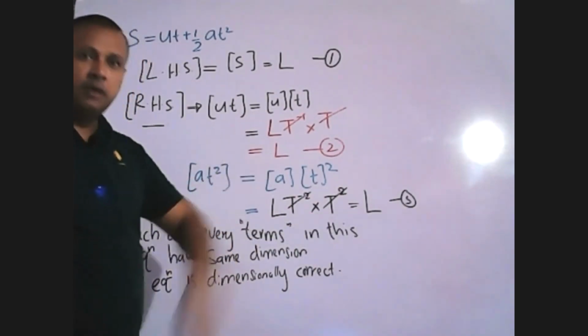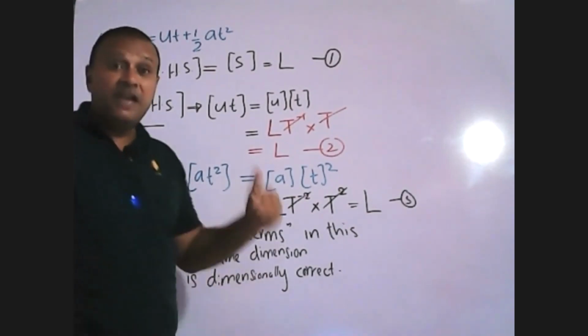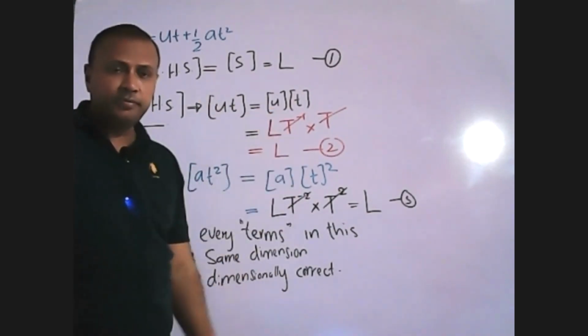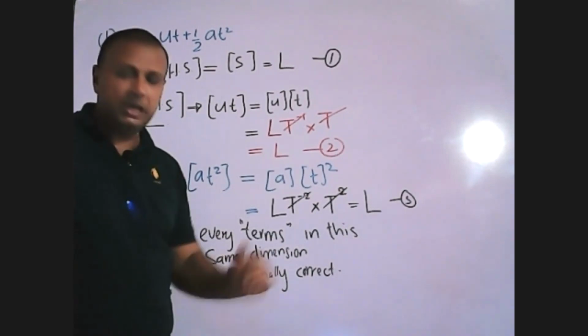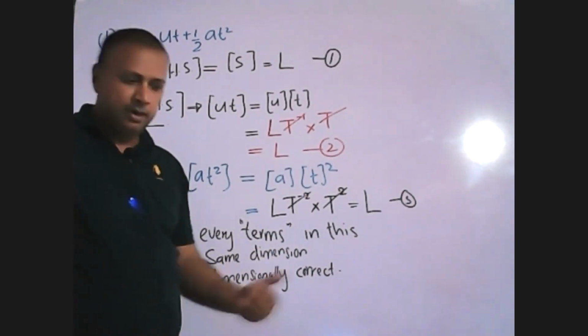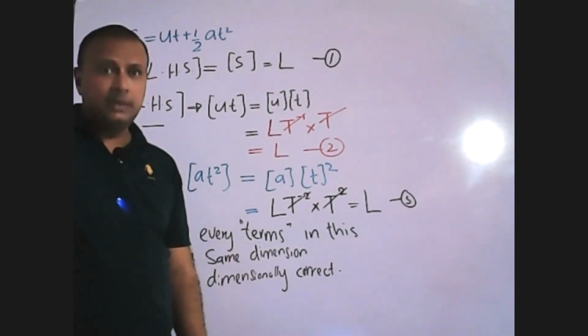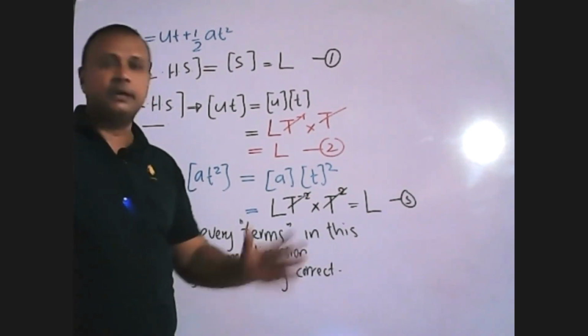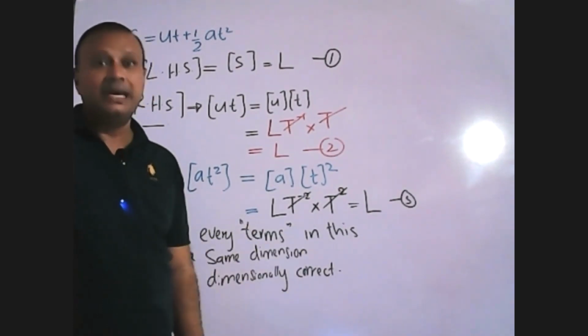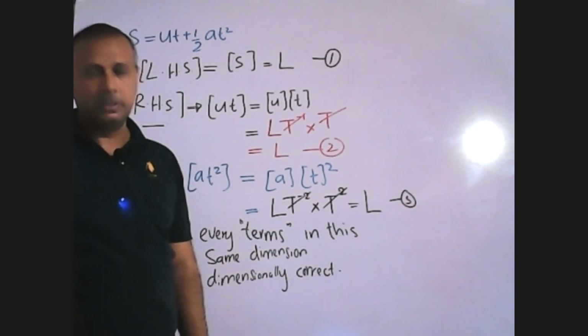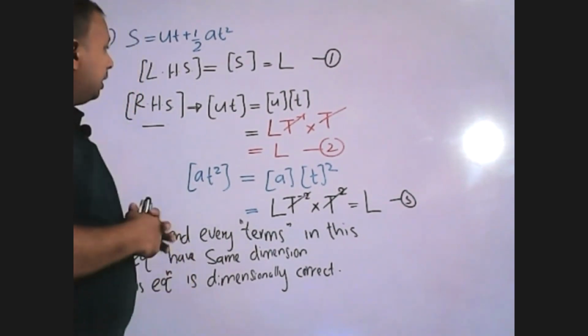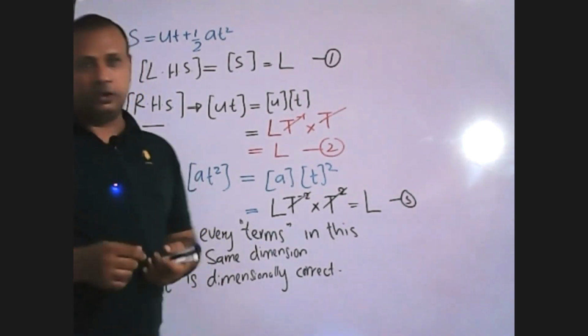Therefore, each and every term of this equation does not have the same dimension. Then we can say this equation is incorrect. That is the way of doing this kind of question.